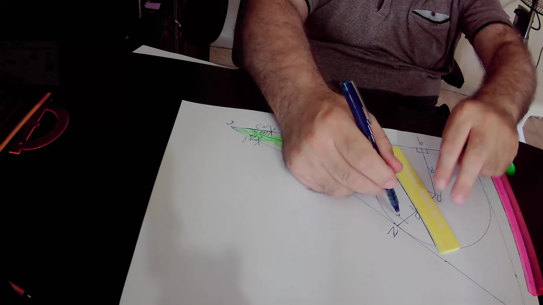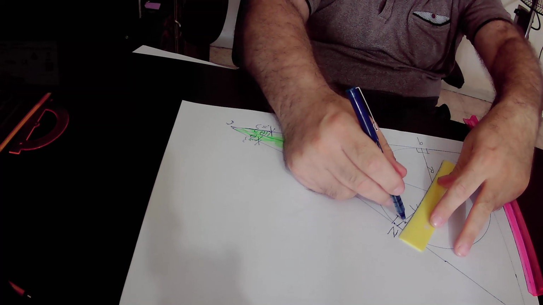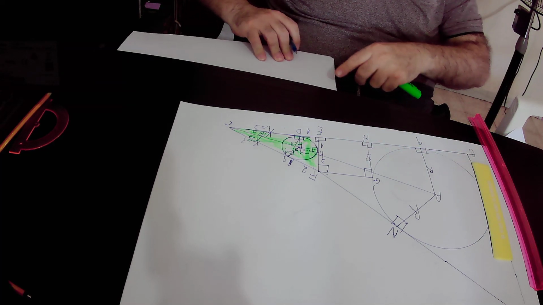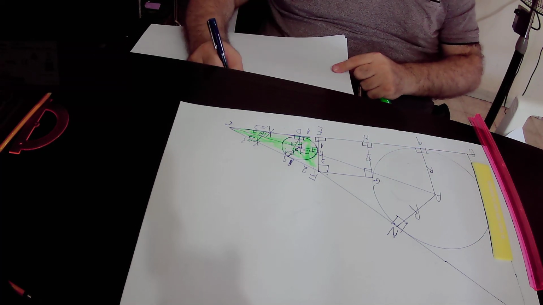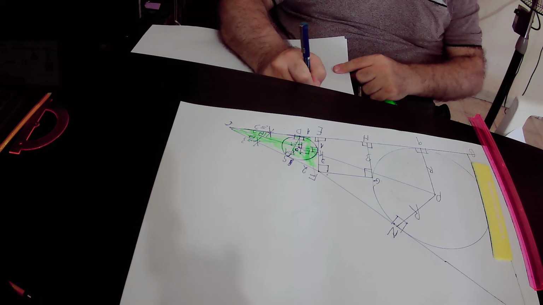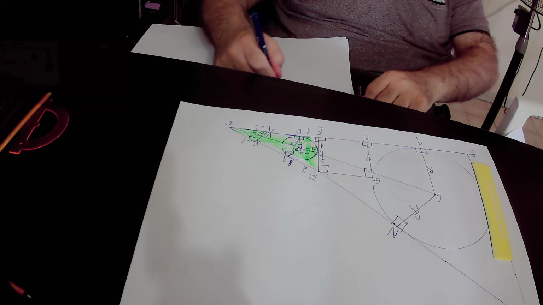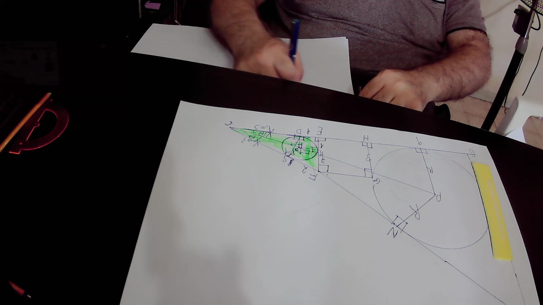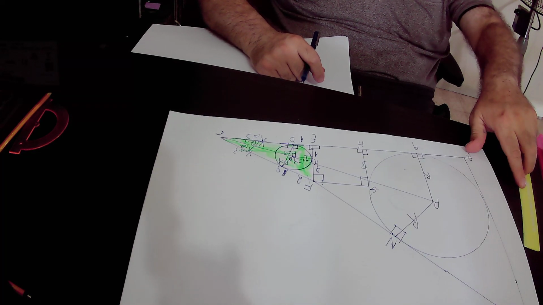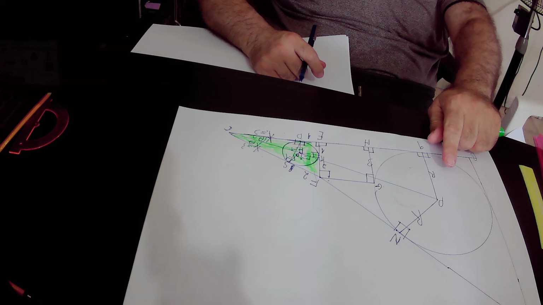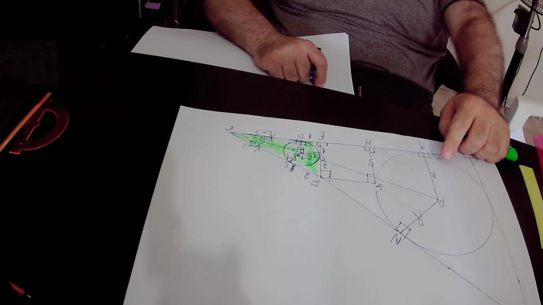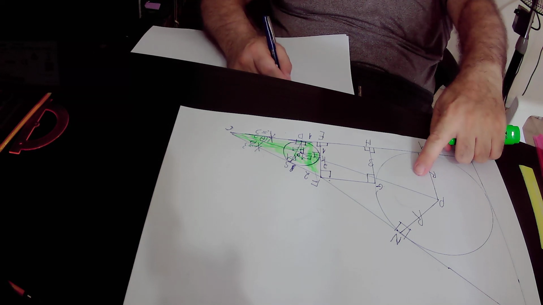So we'll prove that the big right triangle PNC is congruent to the big right triangle PQC, this triangle.